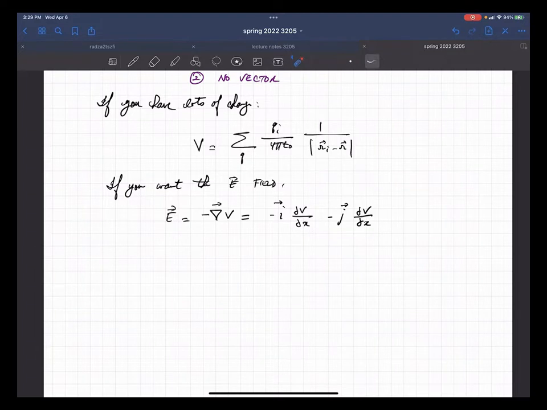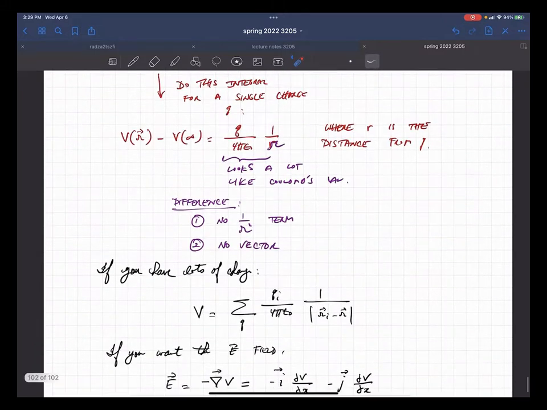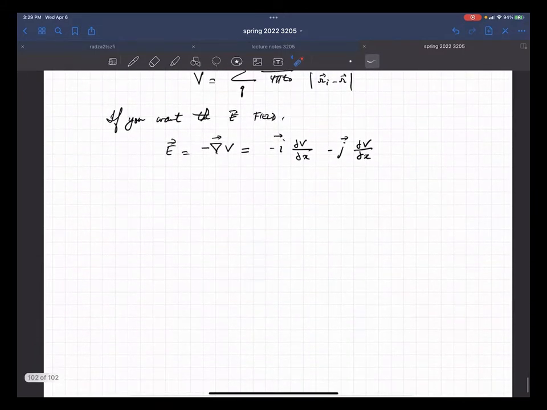If you were in 3 dimensions, you would have minus k vector dV/dz, etc. To make it easier we're just going to talk about x and y, but that's how you would get back a vector from this scalar potential.